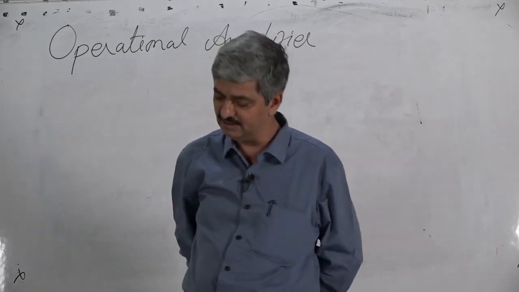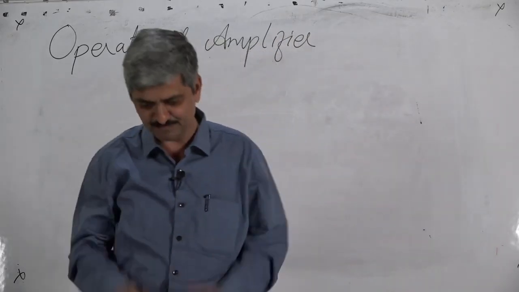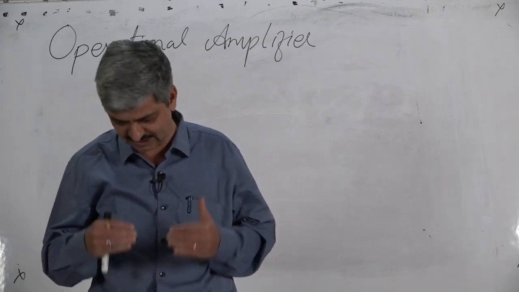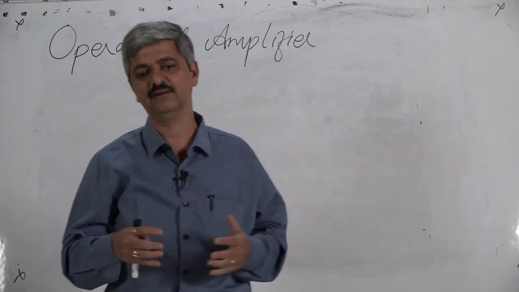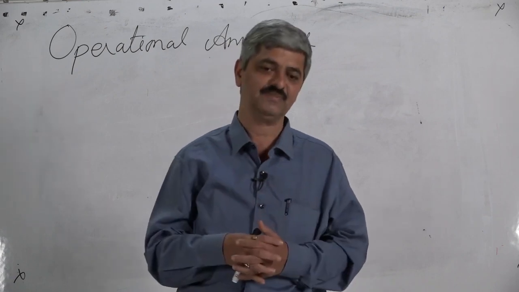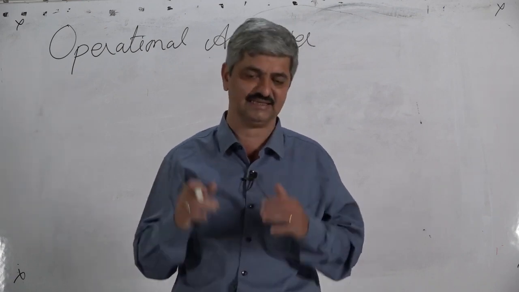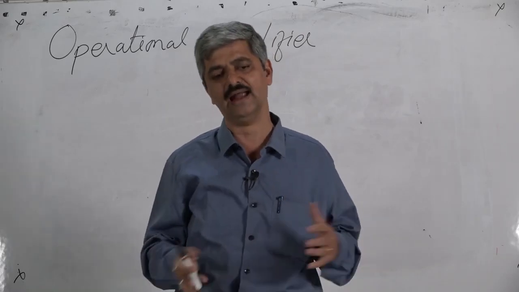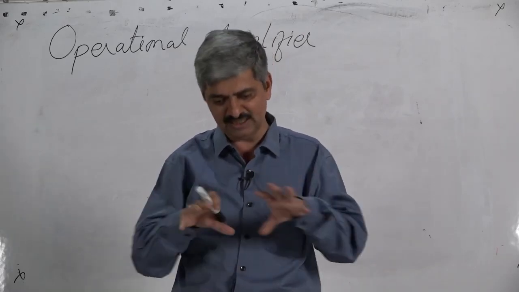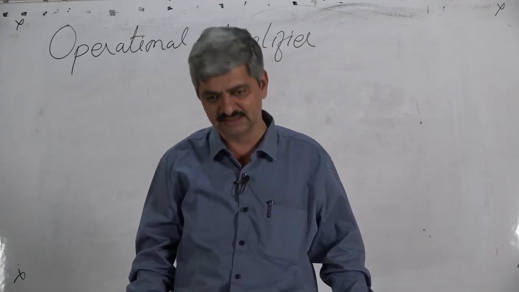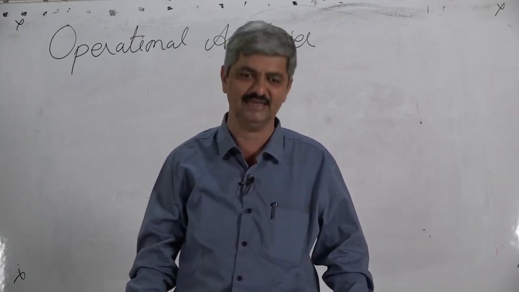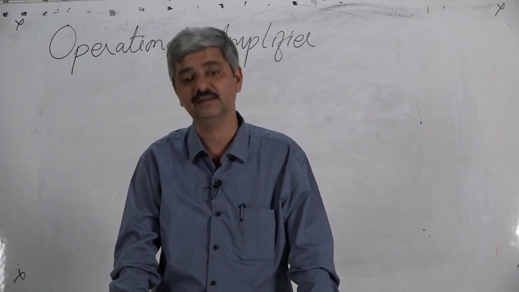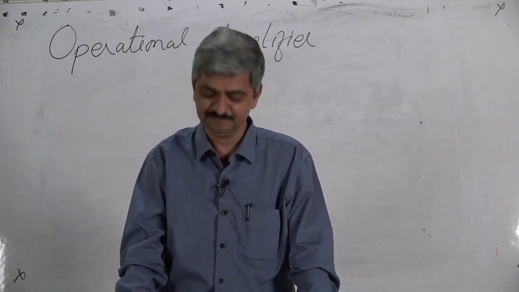When transistors were developed in the late 40s, various transistorized circuits for different applications were thought of, and designing a big circuit using transistors, resistors, capacitors to a large extent was one of the very critical designing activities.